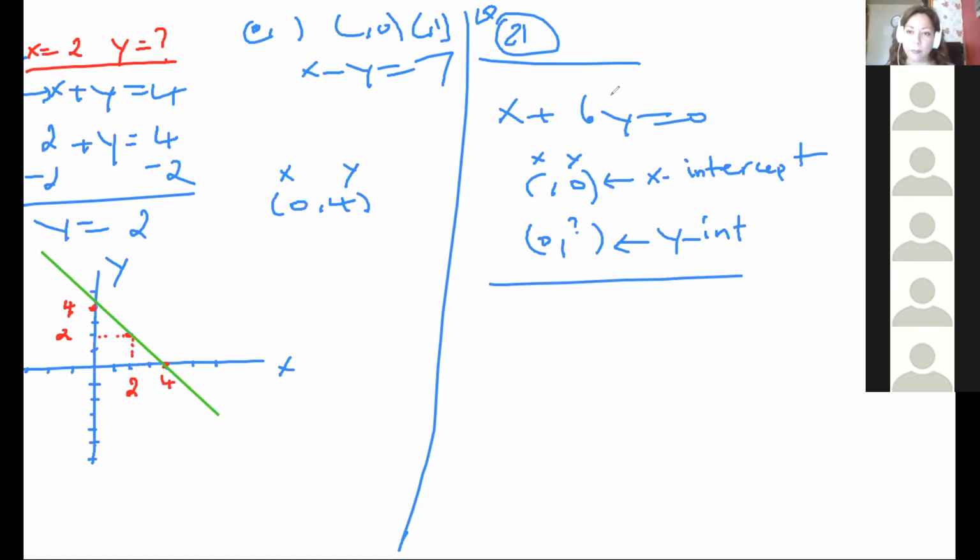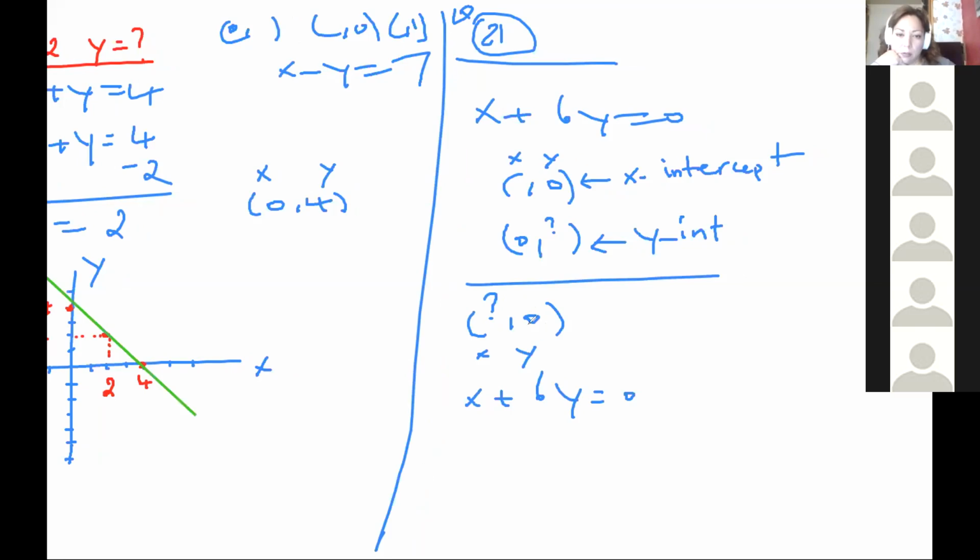So the equation is this. Let's start with the first one. We don't know the x. So this is x and y, and that's the equation. What do we do with the x and y to find the missing value? Plug it in. So we plug the 0 for y here, and then we try to figure out the x because we don't know it.